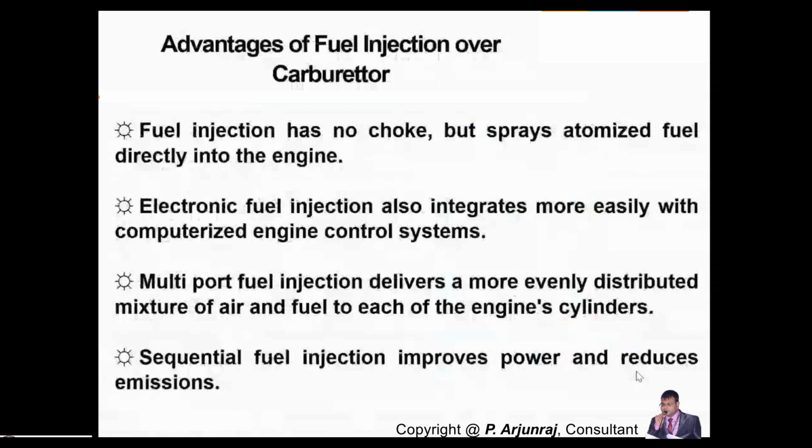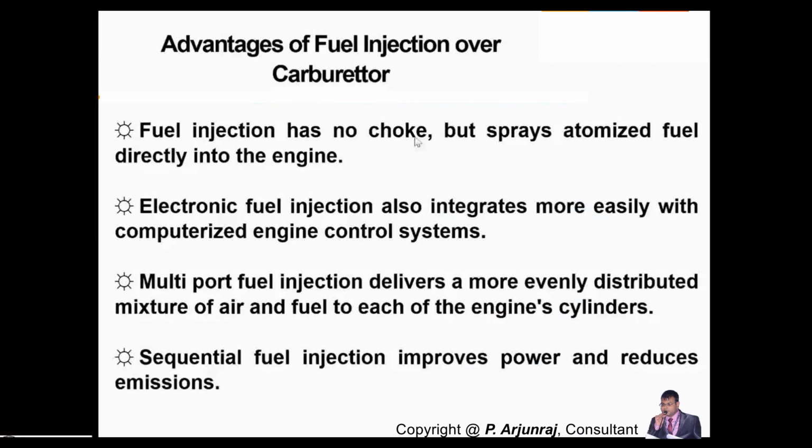Let's see why we are going for a fuel injection system over a carburetor. In the case of a carburetor, you have a choke, because you need it every time. Even some of the older vehicles have a choke system. Whereas in the case of a fuel injection system, there is no choke.